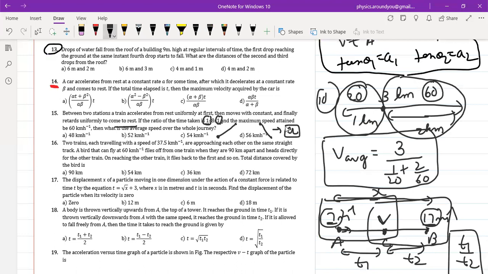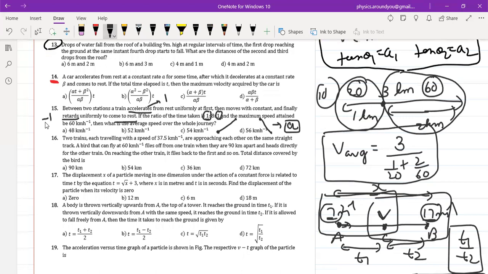The magnitude of acceleration is the same, which means if the car is accelerating in the first phase with 1 meter per second square, it will retard with minus 1 meter per second square. The magnitude of acceleration is the same. That is the first observation.